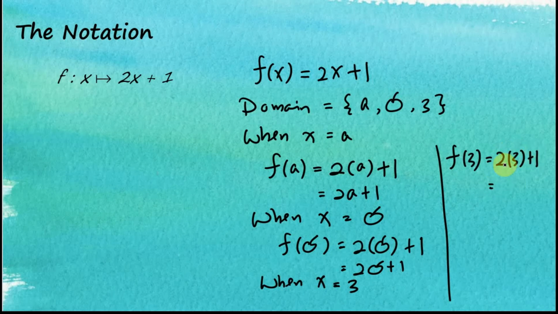And bracket means times. So 2 times 3, 6. 6 plus 1, and this is equal to 7. So therefore f of 3 equal to 7. So this is how we solve questions related to functions if we know the object.